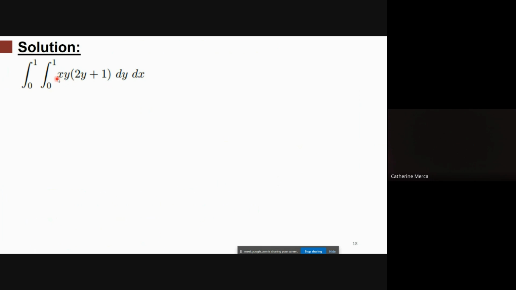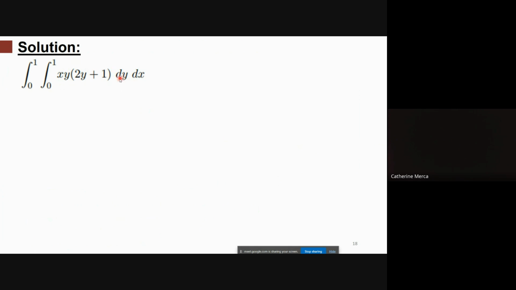Notice that we have to evaluate this with respect to y, so x there is constant. It would be easier to distribute this first. xy times 2y gives 2xy squared, and it also gives us xy.